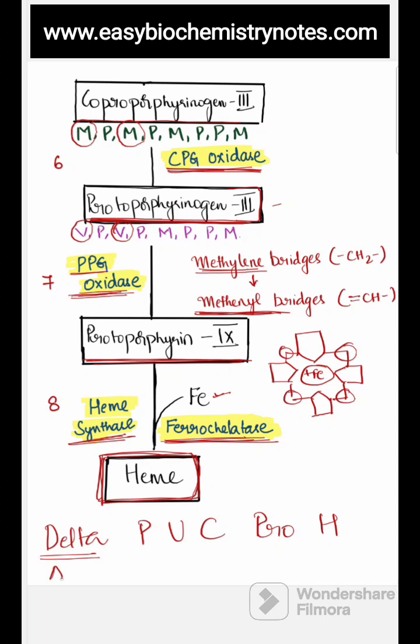Delta means delta amino levulinic acid, P is porphobilinogen, U is uroporphyrinogen 3, C is coproporphyrinogen 3, pro is protoporphyrinogen 3 and protoporphyrin 9, and H is heme. In between of this there will be one molecule HMB, that is hydroxymethylbilane. Now this is a linear molecule which spontaneously condenses to cyclize to form the uroporphyrinogen molecule.